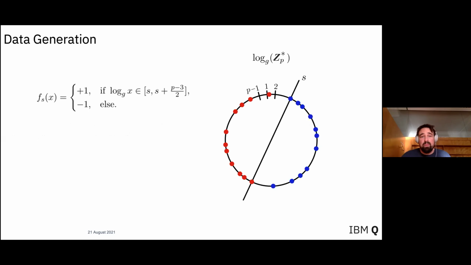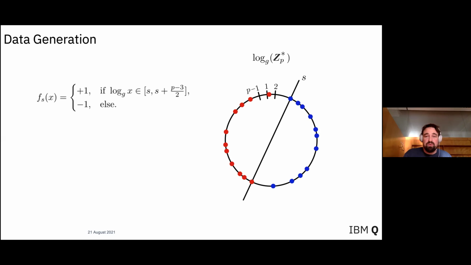And what we do now is actually pretty simple. Suppose you take this group that I mentioned, you cut it into two pieces by drawing some random element s from the group. Everything larger modulo this number s, we declare +1, and everything less than that we declare -1. But we do that in log space, so in the space of x's.